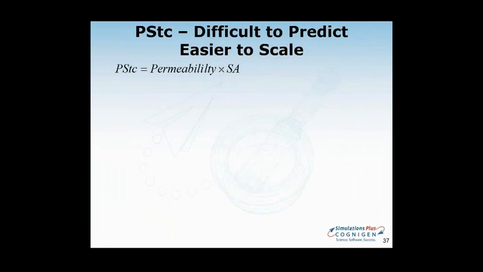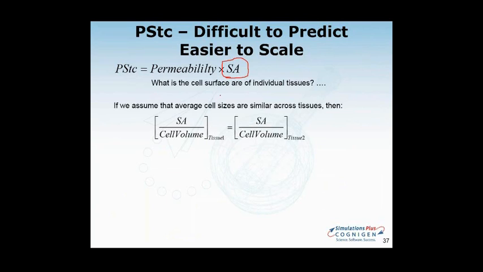That becomes difficult to scale because we don't really know the surface areas of individual tissues, not even in adults, not to mention in pediatrics. But if we make some assumptions, if we assume that average cell size is about the same across the tissues, then we should be able to scale this permeability surface area from one tissue to another.